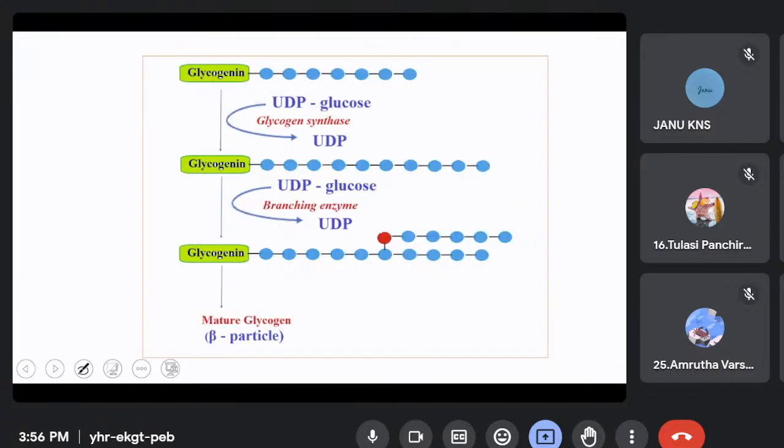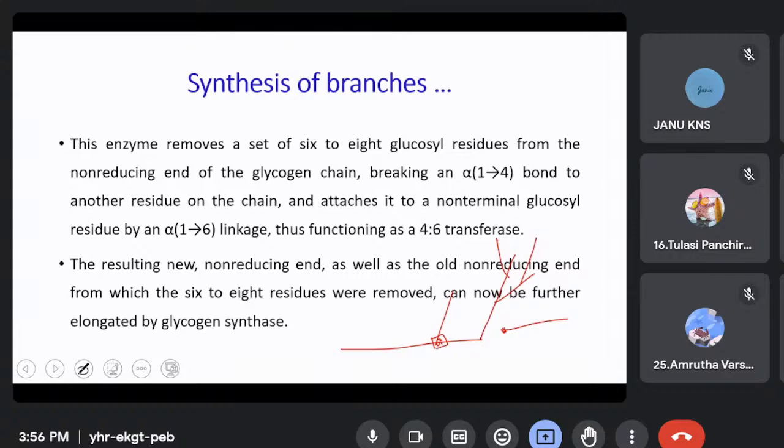Okay, so this is the glycogenin. To the glycogenin, a primer is already added, to which new glucose residues are added and elongation takes place. Whenever branching is required, the alpha 1,4 to 1,6 transglucosylase, what is that?